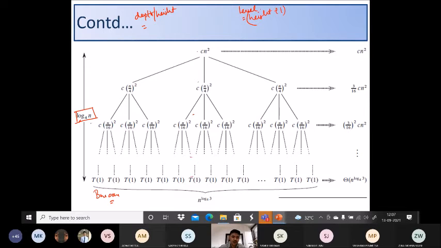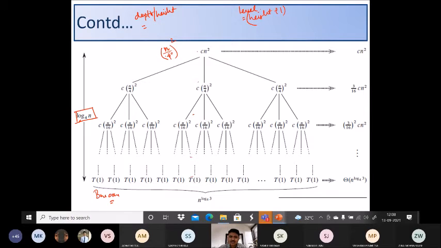So how to do this? This is our question. We have to find some pattern. See here, it is written (n/4) to the power 0, that square, with c in front.